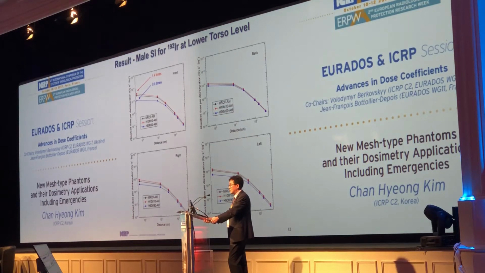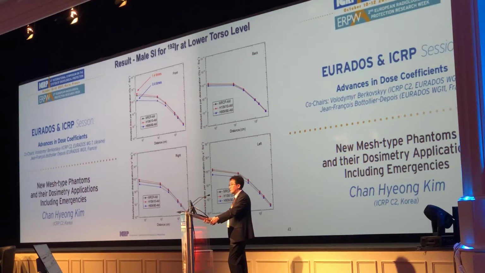And for the front direction, when the source distance is very small, then we can see some difference, like 40% of difference for the 10th percentile phantom, and about 2 times of difference for the 90th percentile phantom. And we see those trends in right and left side, so front, right, and left, not in back.